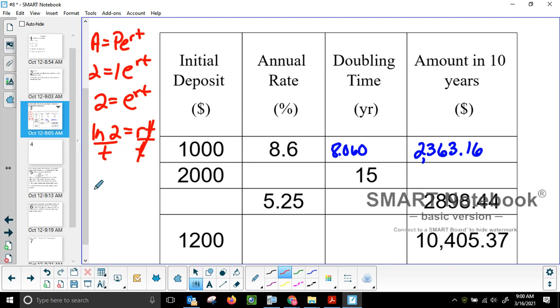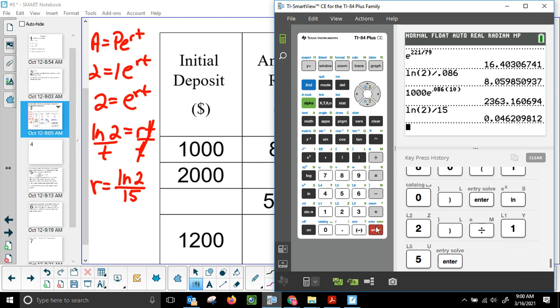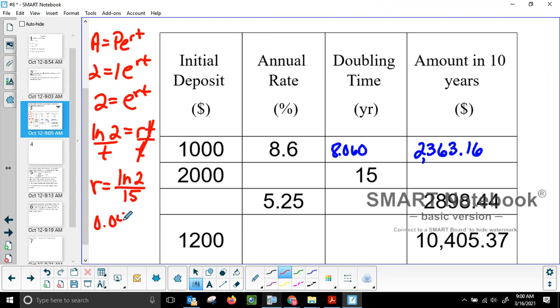All right, so in this case, my interest rate is going to be ln of 2 divided by my doubling time, which is 15. So ln of 2 divided by 15 gives my interest rate of 0.0462. So 4.6%. Yep, 4.62%, absolutely.